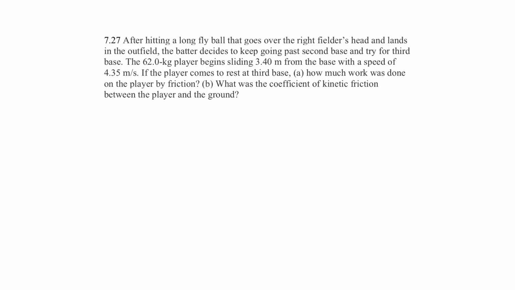Also, I'm given a speed, so I'm going to use 1/2 mv squared. So let's see what we have. We have work equals 1/2 mv squared. So this is 1/2 times 62 times 4.35 squared.